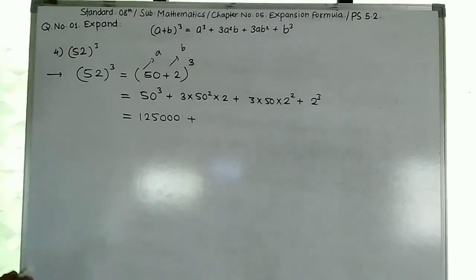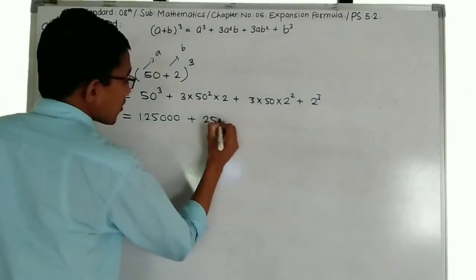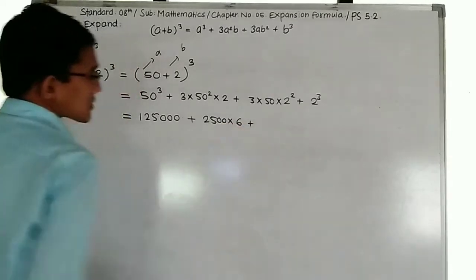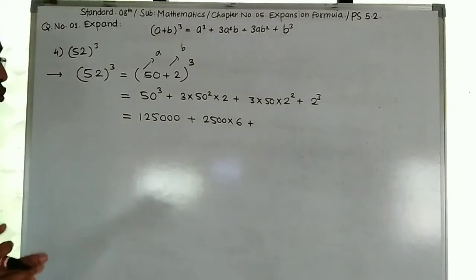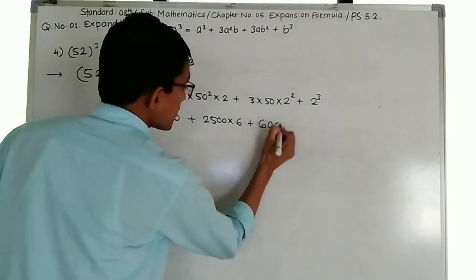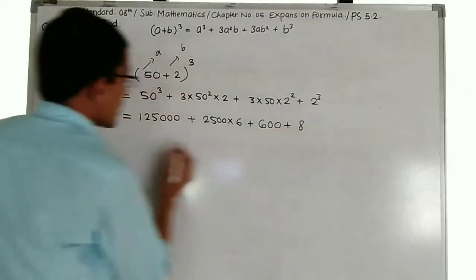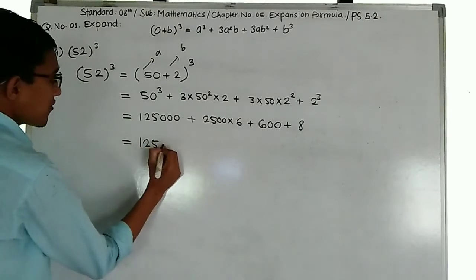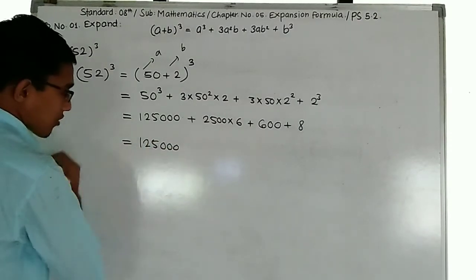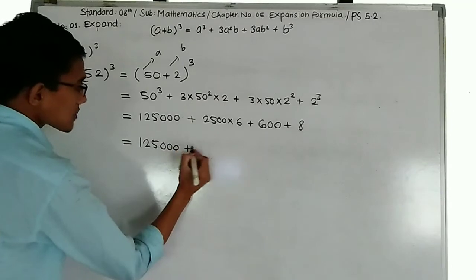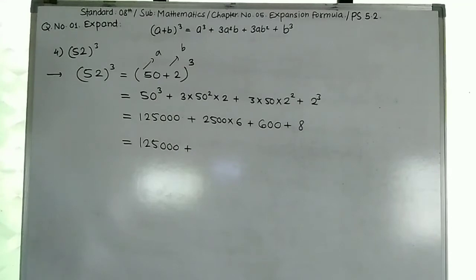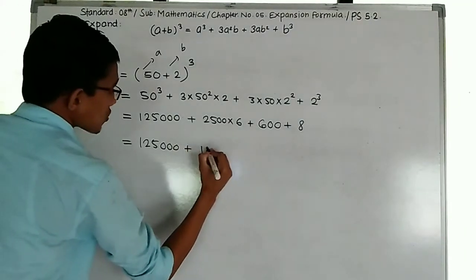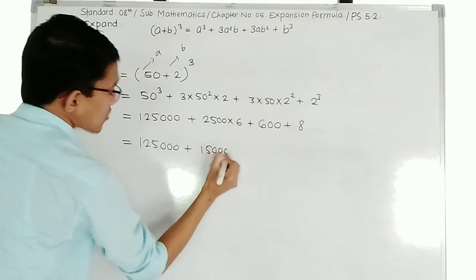So what it will be? 2500 into 6 plus 3 into 50 is 150 and 150 into 4. 2 square is nothing but 4. So 150 into 4 is nothing but 600 plus 2 cube is 8. So we got 125,000 plus 2500 into 6, it is 1000, sorry, it is 15,000.